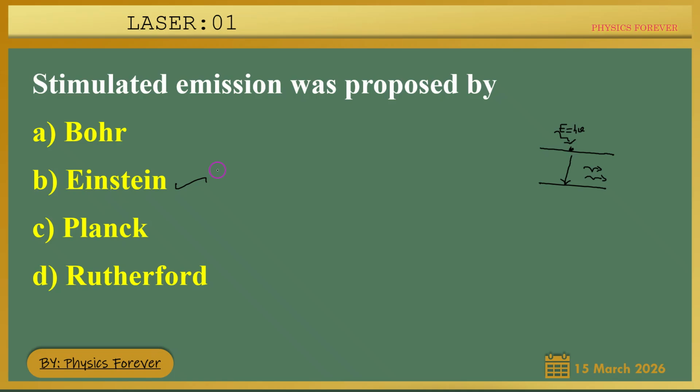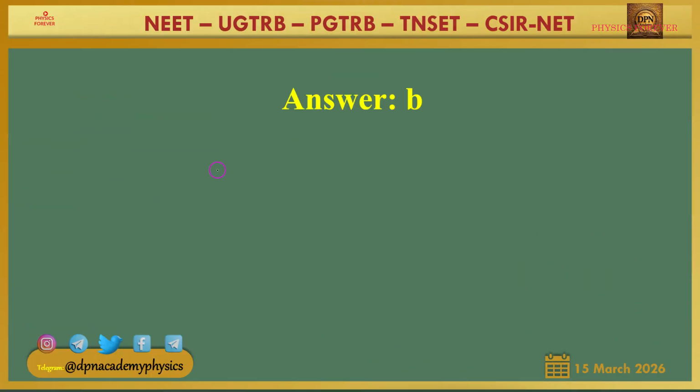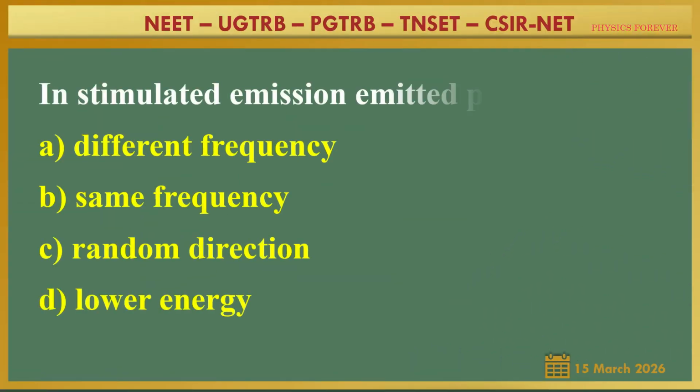The first ruby laser was proposed in 1960 by Maiman. Okay, these are all the basics. So the correct option is B, Einstein. So in stimulated emission, the emitted photons, as I already said, are two identical photons produced.